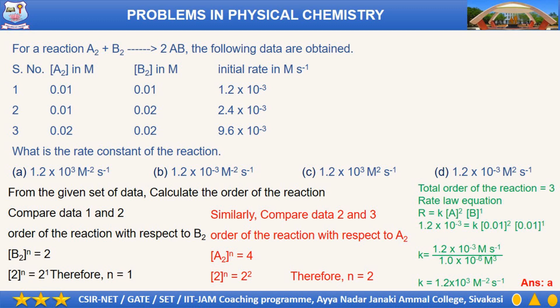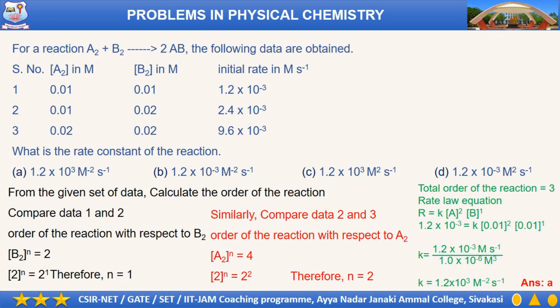And what is the rate constant of the reaction? They are not asking the order of the reaction, nor the rate equation, but they are asking what is the rate constant of the reaction. The options are: A, 1.2 into 10 power 3 per molar square per second.